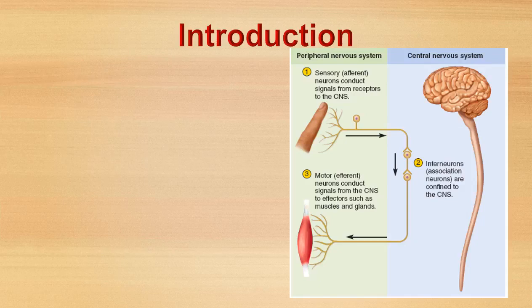Now, first of all, what is the function of the nervous system? You all know our body is mainly made up of four types of tissues. Epithelial tissue, which is for protection, and then you have the connective tissue.